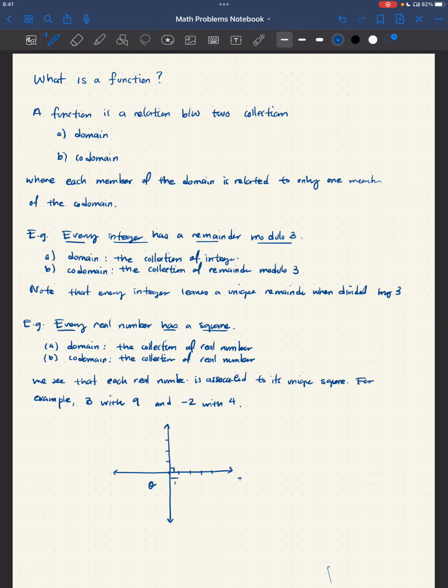And now we're able to graph it, because in this case, for example, we have 1 here. We associate with this a point here, which would be the point (1, 1). The square of 1 is 1. Here, the square of 0 is 0. So now we have a point. The square of negative 1, which would be in the opposite direction, is 1. The square of 2 is 4.